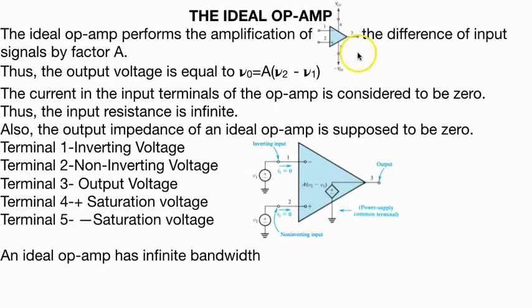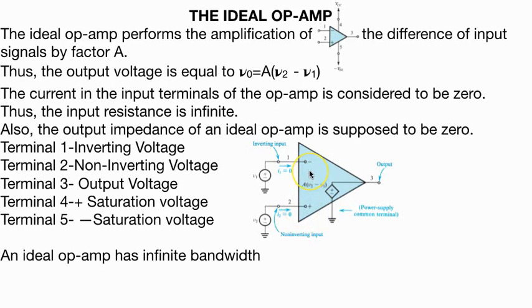An op-amp usually has 5 terminals: 2 input terminals and 1 output terminal, with 4 and 5 as the plus and minus supply voltages. We usually consider that 1 is the inverting terminal and 2 is the non-inverting terminal.